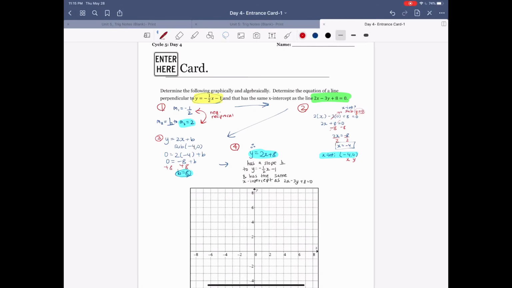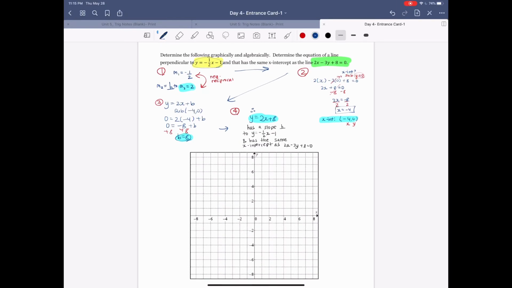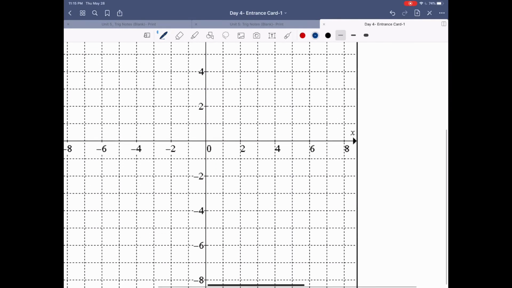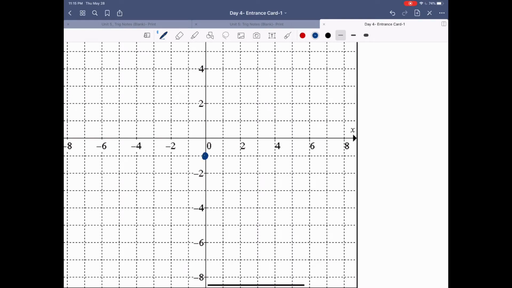Okay, so that was my algebraic way of finding my equation, and that's usually my preferred way, doing it algebraically. So graphically, we have to be comfortable with graphing, so I'm going to graph the first line. The first line, the yellow line, has a y-intercept of -1, so I'm going to plot the y-intercept.